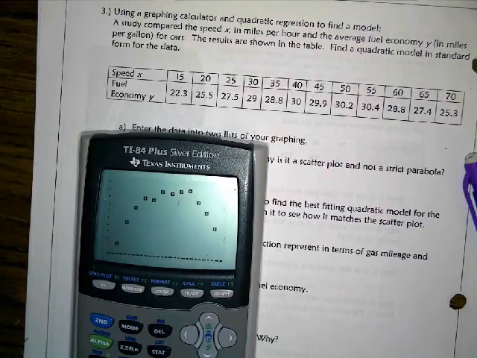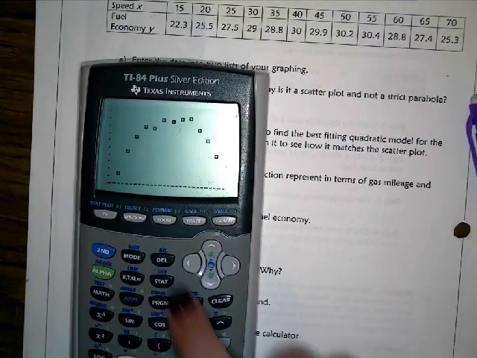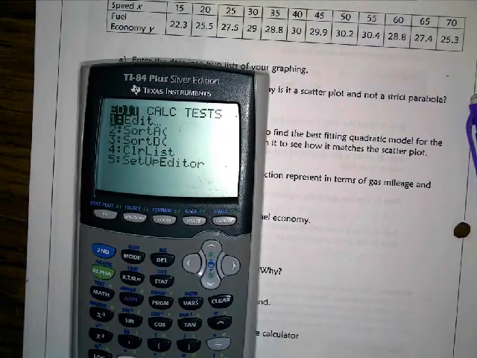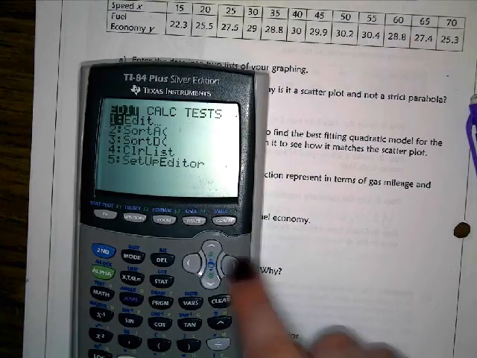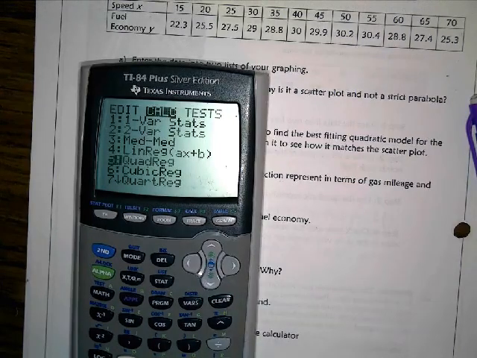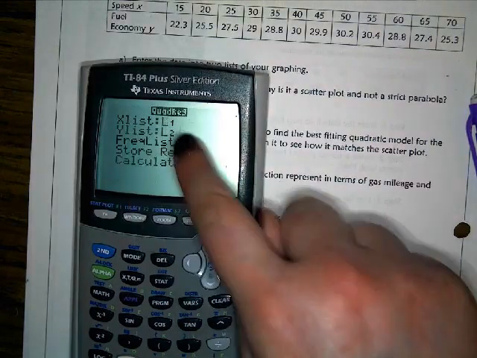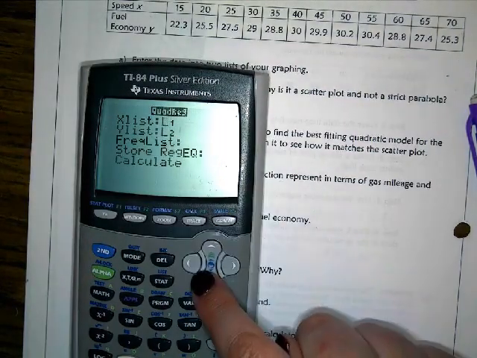Stat button. I'm going to calculate the equation. Go down to number 5. I'm going to press enter. So it's using list 1 for the x value, list 2 for the y value. I want it to graph my equation for me. How do I do that?